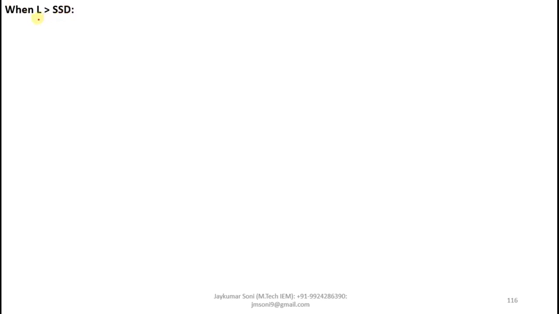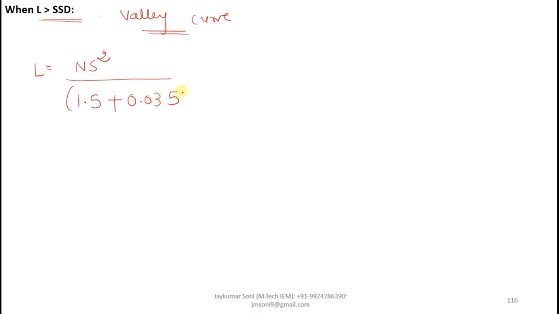If L is more than SSD and we need to calculate the length of valley curve, we have learned that the equation is L is equal to NS square divided by 1.5 plus 0.035 S. Here the value of N is 7 by 120. S square means 120 whole square.